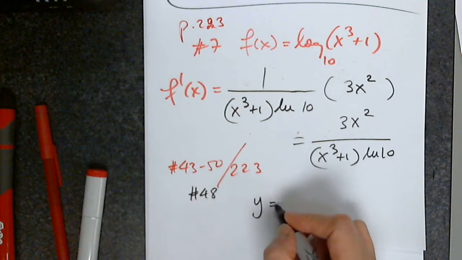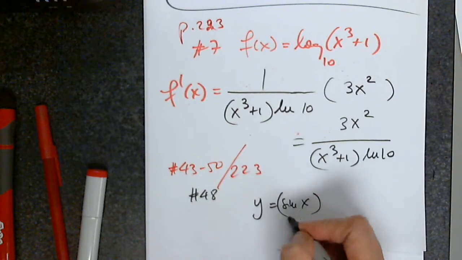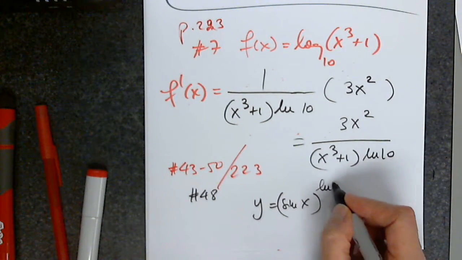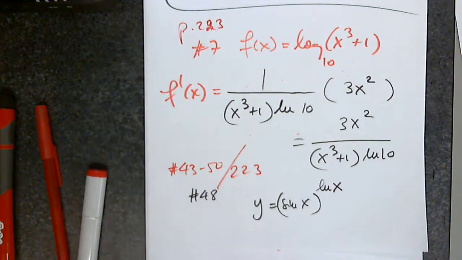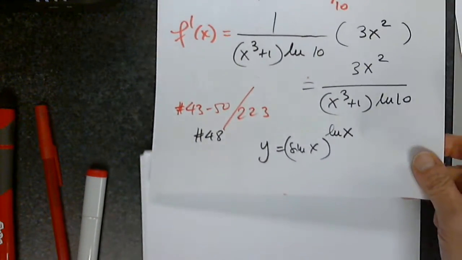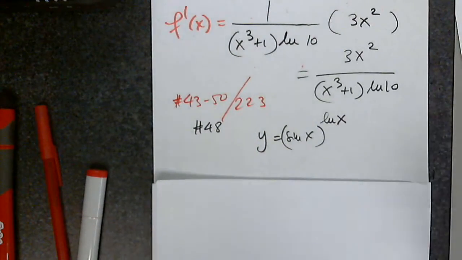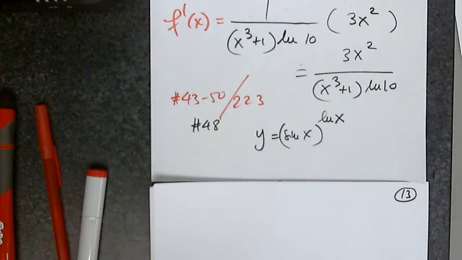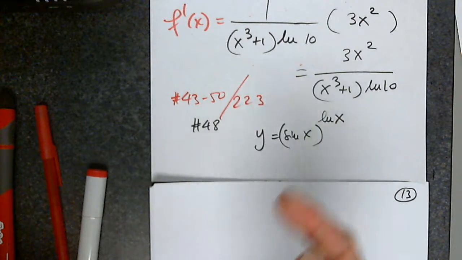We have y, which is sine x raised to natural log x. We're asked to find y prime. What will be our first step? I'm asked to differentiate a function raised to a function.